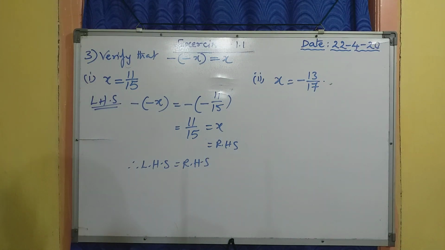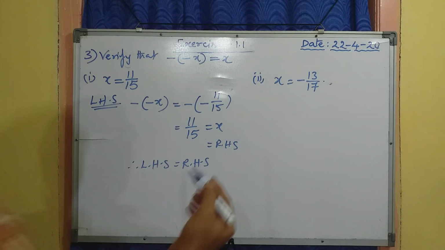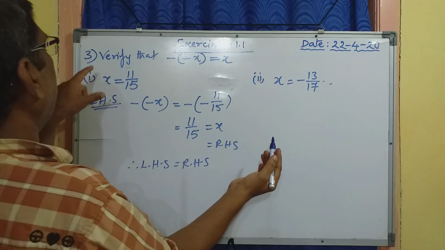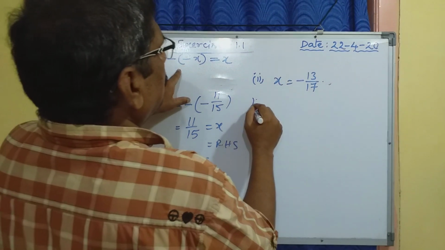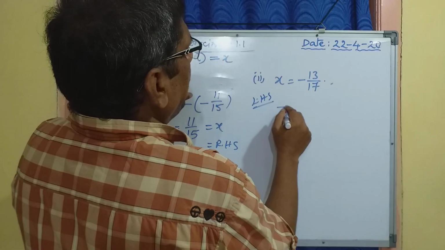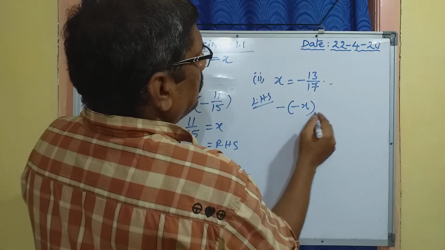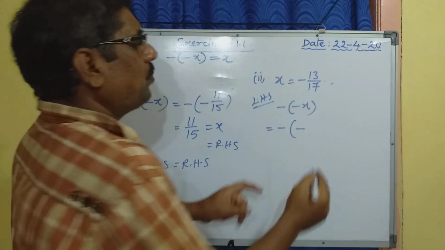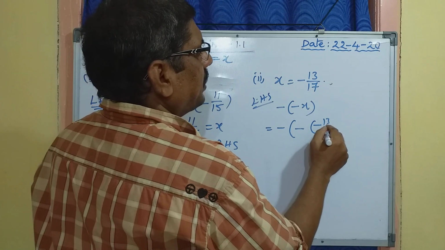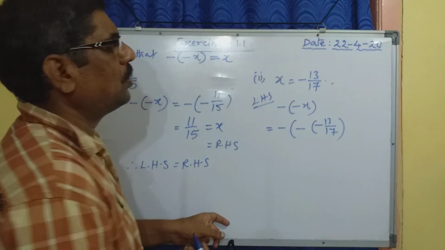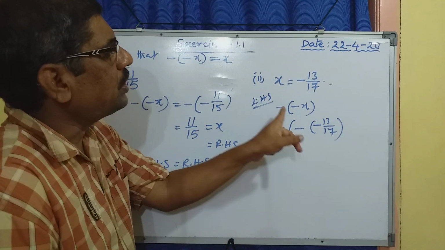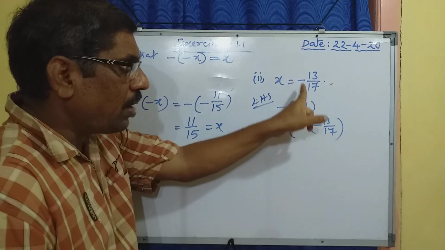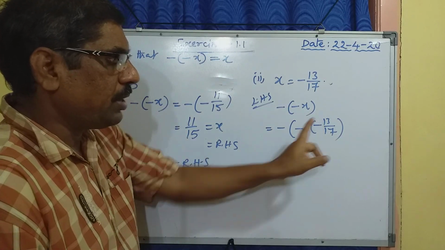Okay. Now the second one, x is given as minus 13 by 17. Here also let us take the LHS. What is the LHS? Minus of minus x. This is equal to minus of minus. What is the x value? The x value is given as minus 13 by 17. So these two minuses are there in the LHS, and this x is also having one minus. Totally there are three minuses.